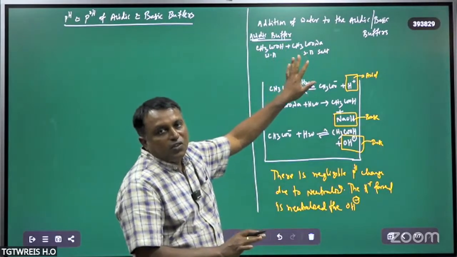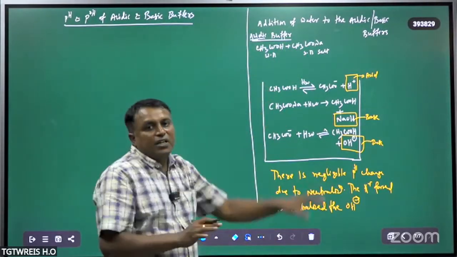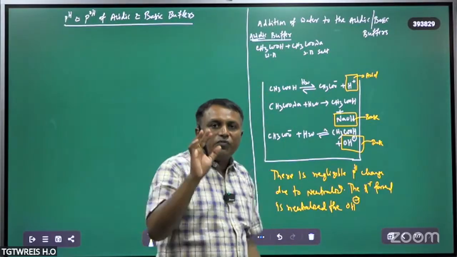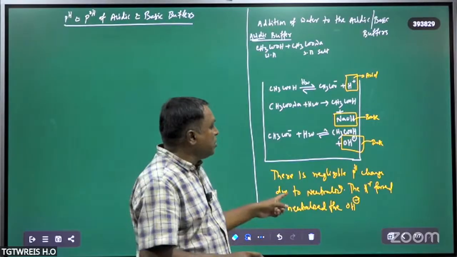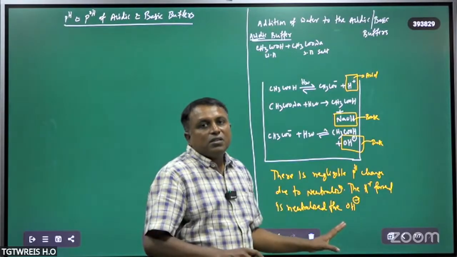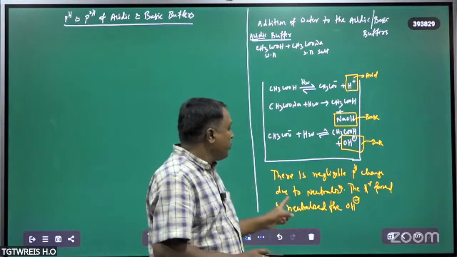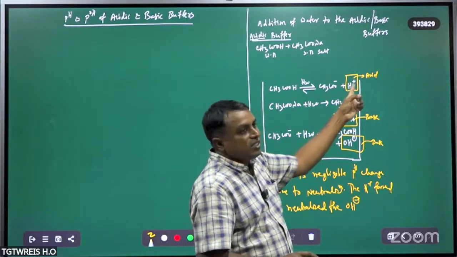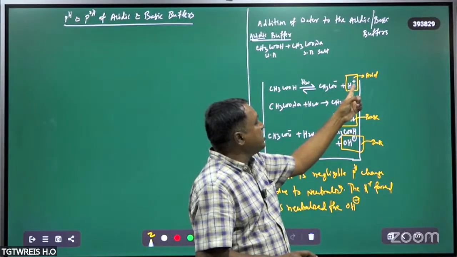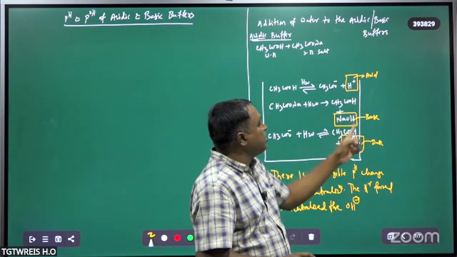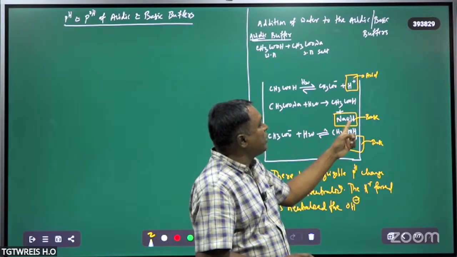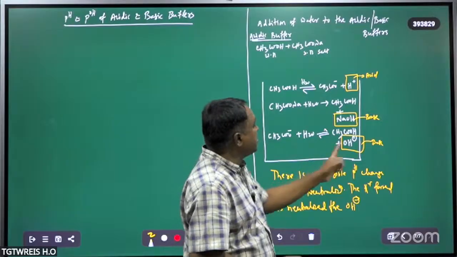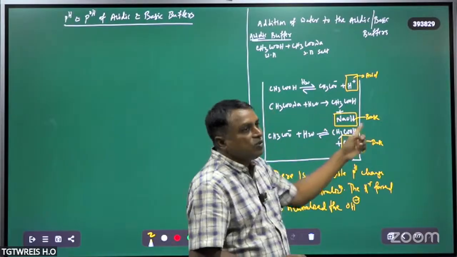Therefore, this combination acts as a buffer, which maintains a constant pH, because in this container H plus is forming. The H plus formed in the reaction mixture neutralizes the OH minus formed from CH3COO minus and from CH3COONa.